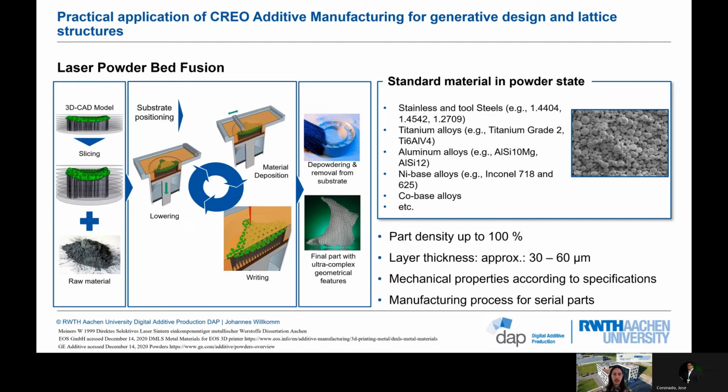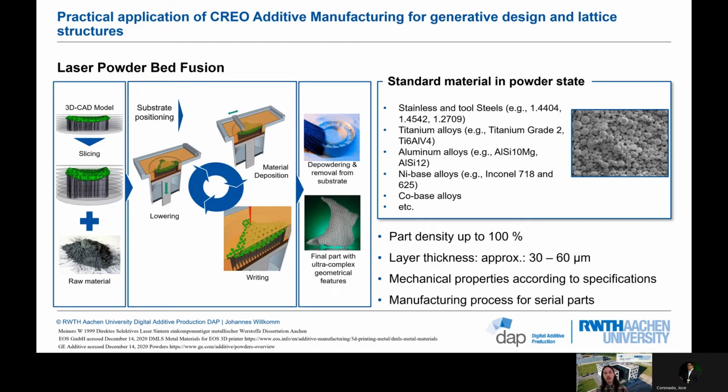On the left side of this slide, you can see the process steps inside this process. Before the process starts, you have to slice the model you want to print in the layer thickness. Conventionally, this layer thickness is between 30 and 60 micrometers. And after that, the actual printing can start.